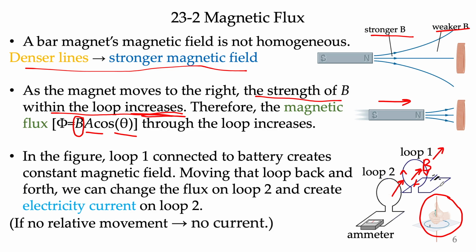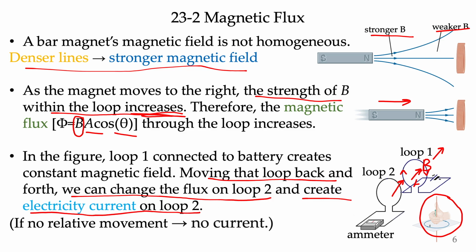If you move this loop back and forth, we can change the flux on loop 2. The magnetic field strength will be changing inside loop 2, and that would create an electric current in loop 2.